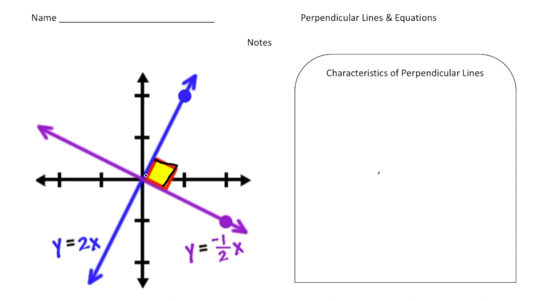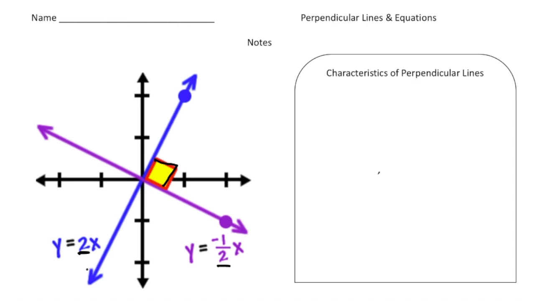But now we have to look at the equations of perpendicular lines. And they certainly have a key characteristic. If you look at this first blue line, notice the slope is 2. And if you look at the purple line, notice the slope is negative 1/2. When we multiply the slopes of the two lines, you should always get -1 when the lines are perpendicular.